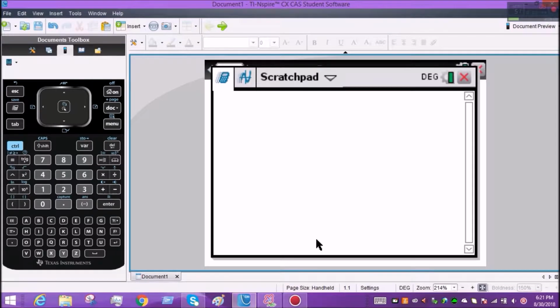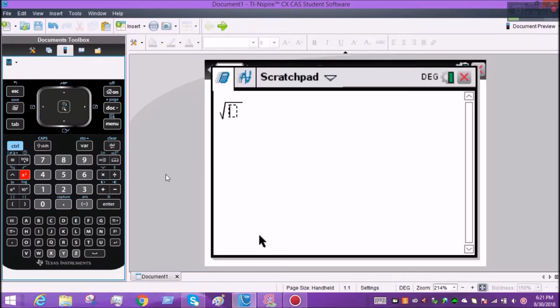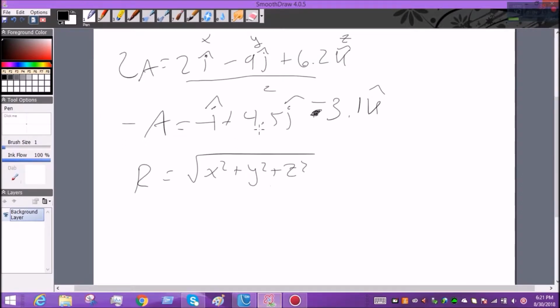Okay, so for the magnitude of a, we go ahead and do the square root. We had 1 as our i, and that's x, so 1 squared, plus, even though 1 squared is still 1, 4.5 squared.